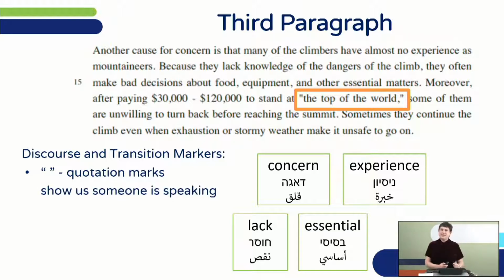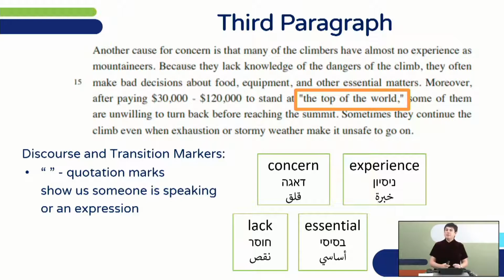In this case, it isn't someone in particular. In this case, it's a specific expression that they want us to focus on, and they're going to explain it. When you encounter quotation marks, and it isn't someone specific speaking, you'll know that the writers want you to pay specific attention to that phrase, and they're going to explain it.